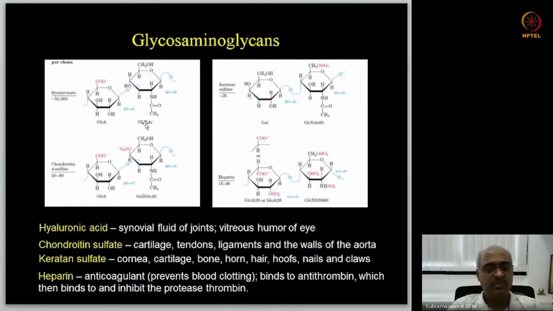In chitin you have N-acetyl glucosamine with beta-1,4 linkage. When it is glucosamine, you call it glucosamine. If you are referring to any other hexose or monosaccharide, you simply say glycosamine. The focus is on this amino group.